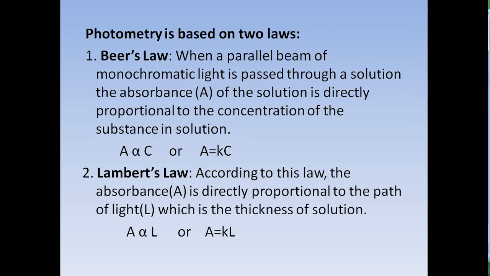Photometry is based on two laws, Beer's law and Lambert's law. According to Beer's law, when a parallel beam of monochromatic light is passed through a solution, the absorbance or optical density of the solution is directly proportional to the concentration of the substance in the solution.